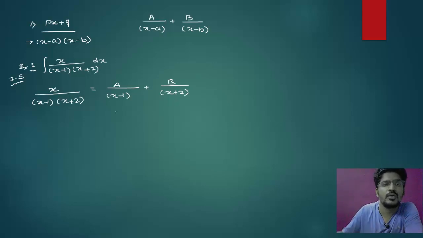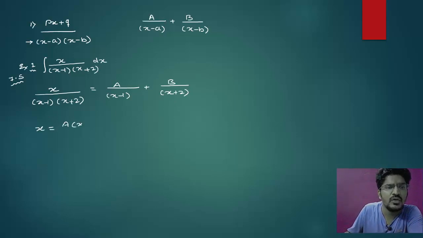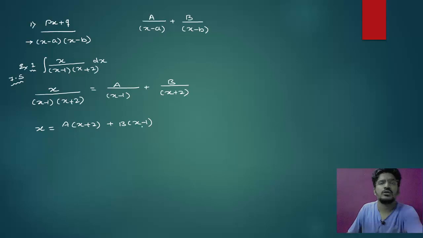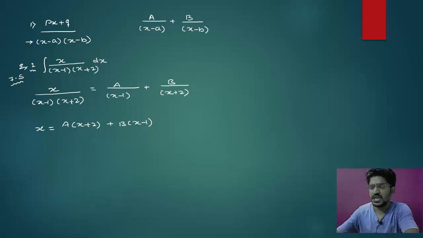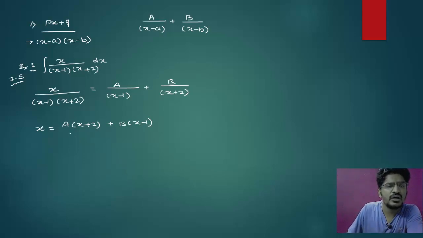Okay, no problem. So now I will take x equal to a into x plus 2 plus b into x minus 1. So to solve for the values of a and b, please remember, if you want to find the value of a, you have to make b as 0. If you want to find the value of b, you have to make a as 0.